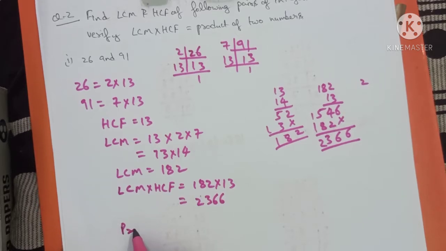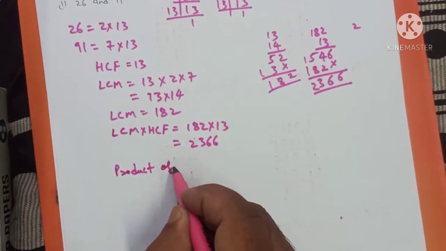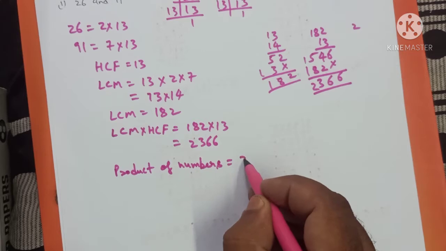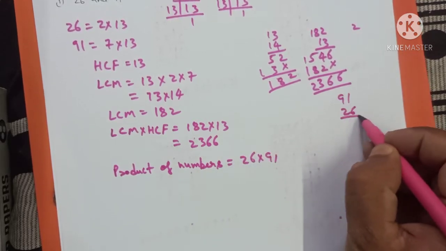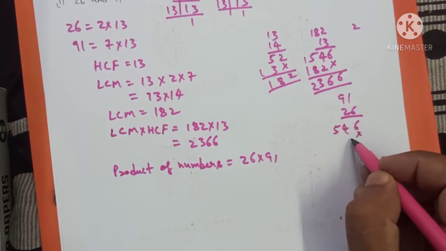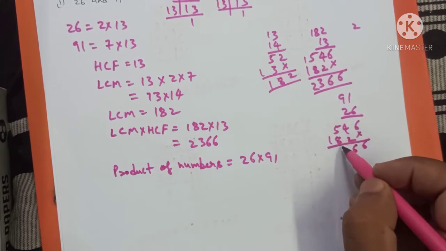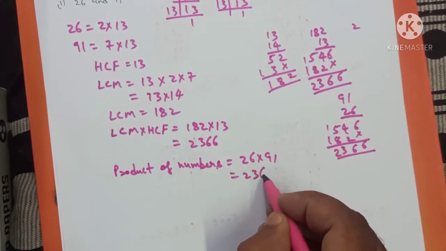Now the product of numbers. The numbers were 26 into 91. So just multiply. 6 1s are 6, 9 6s are 54. Now 2 1s are 2, 2 9s are 18. So 6, 4 plus 2 is 6, 8 plus 5 is 13, carry 1, 2 3 6 6, that is 2366.